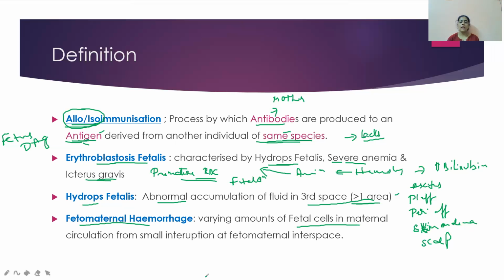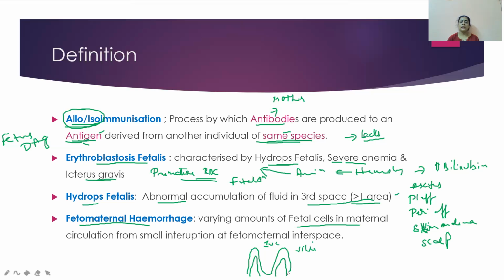If you see the placental anatomy, there will be chorionic villi like this, and the space in between the chorionic villi is the intervillous space. Where will the fetal blood vessels be? The fetal blood vessels run in the villi, right?